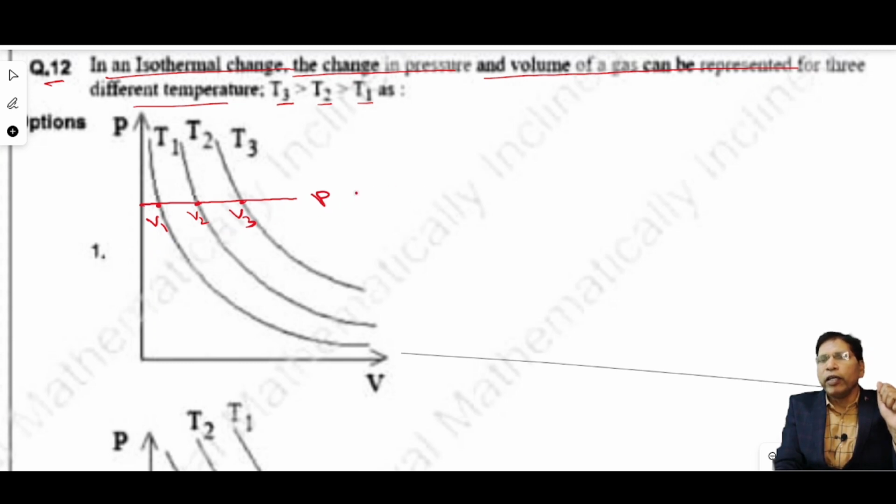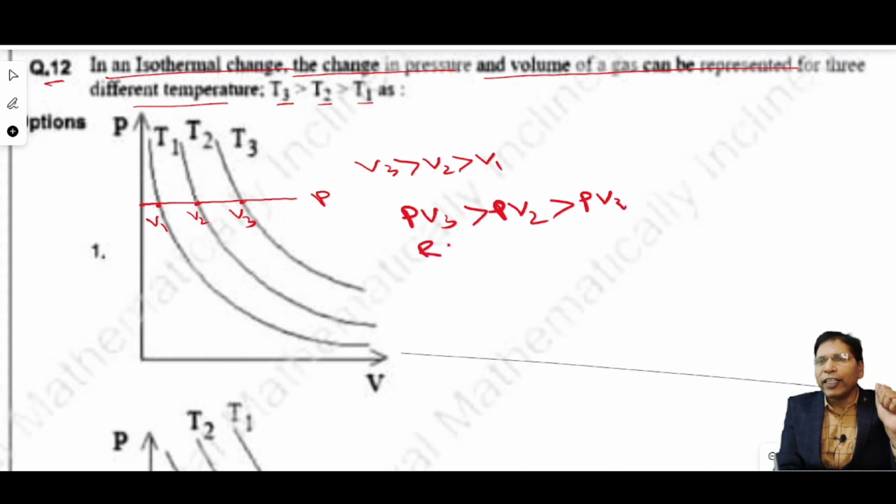From the graph, V3 greater than V2 greater than V1. Therefore PV3 greater than PV2 greater than PV1. So RT3 greater than RT2 greater than RT1. Okay. So this graph is the correct option.